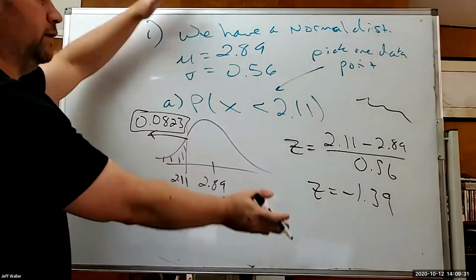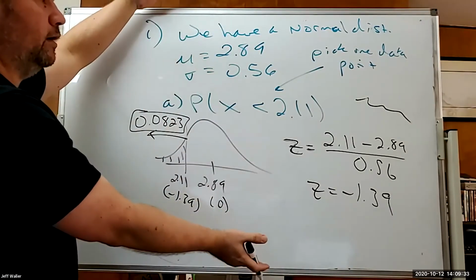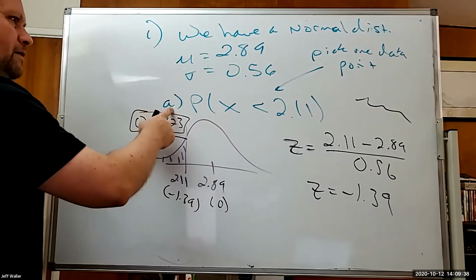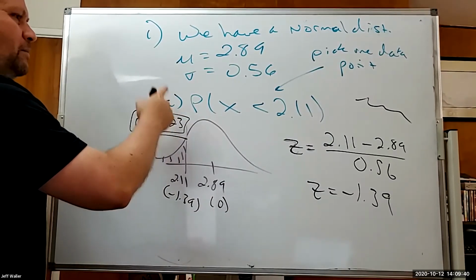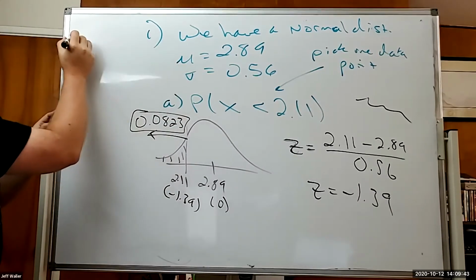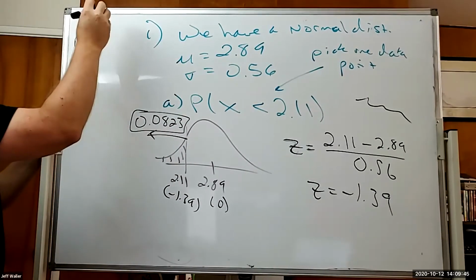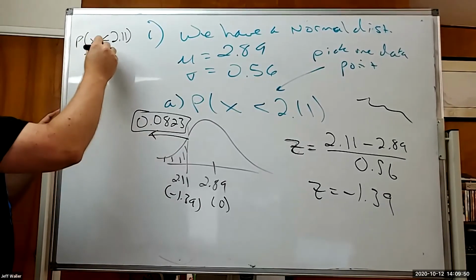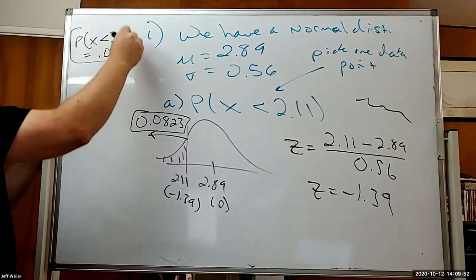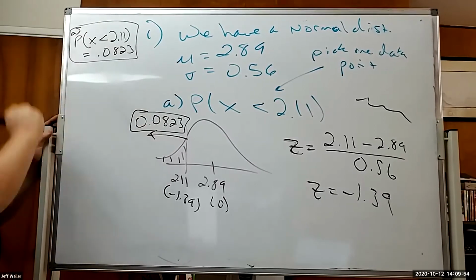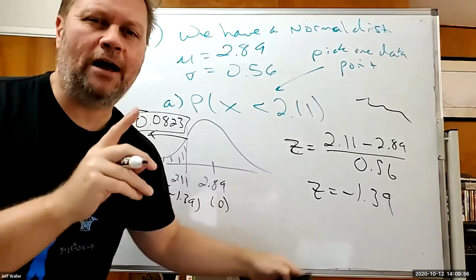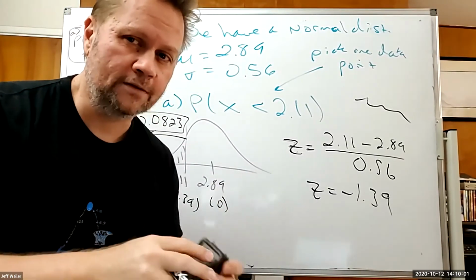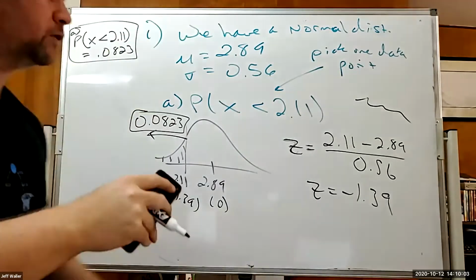So that's chapter 6. This would be part A. Now let me show you part B. Let me put this up here in the corner: the probability that one data point is less than 2.11 is 0.0823. I'm going to want to reference that in a bit. That's part A, and here's part B. This is the kind of problem I love to give on a chapter 7 quiz.